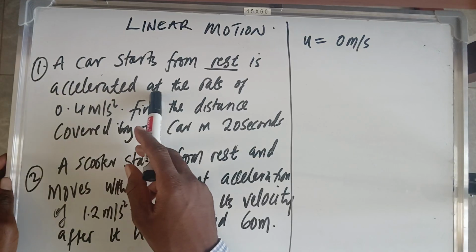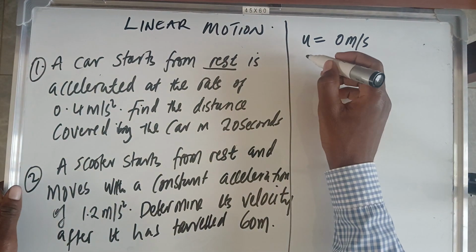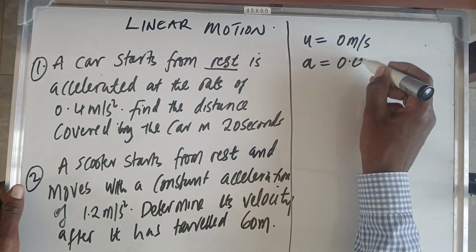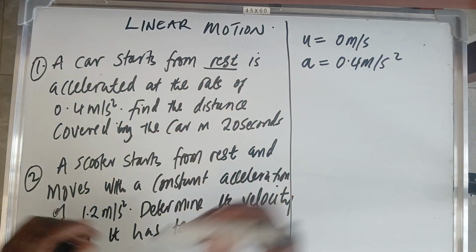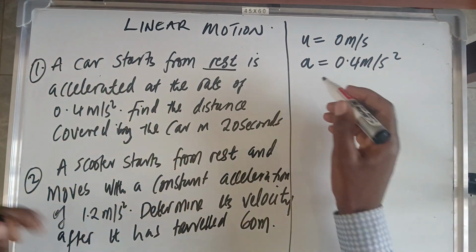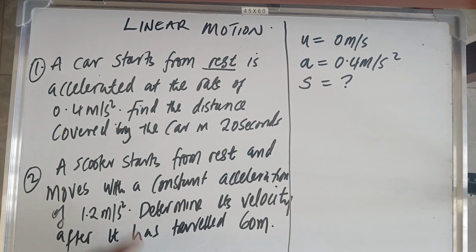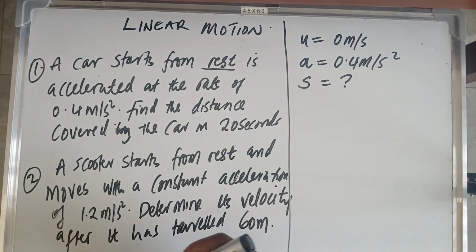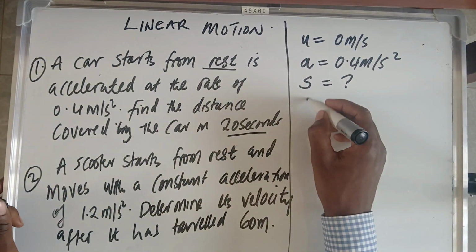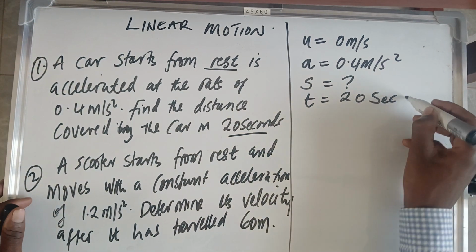Then it is accelerated at the rate of 0.4 meters per second squared. We are told to find the distance, so we are finding S, in a time of 20 seconds.